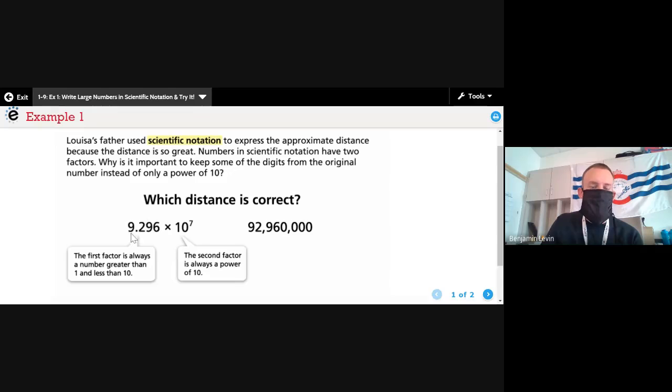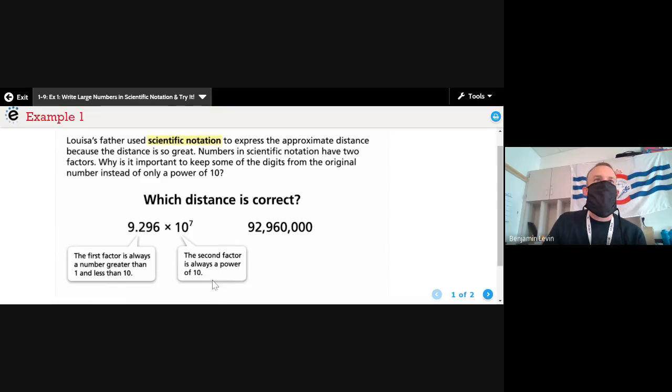You're only going to have one number left of the decimal, and it's going to be greater than 1 and less than 10, meaning it can't be a 0 and it can't be 10, 11, 12, because that's more than 9. That'd be two numbers. So one number left of the decimal in the ones place, and the rest of our numbers go in decimal form.